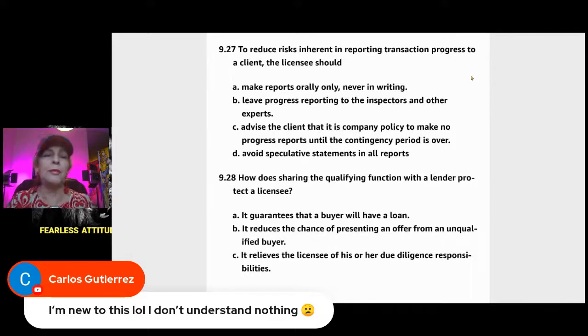Then it's good to update them once a week, especially if we have to do price changes because the market is changing, or just to give them an update on the status, because many closings close within 30 to 45 days. And they do get nervous and they want to know what's happening. Be available and reply to texts, calls, emails, all that, and stay in touch with title companies.